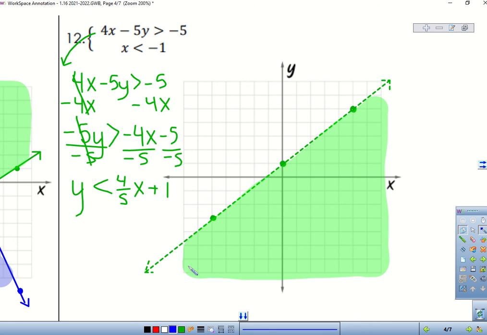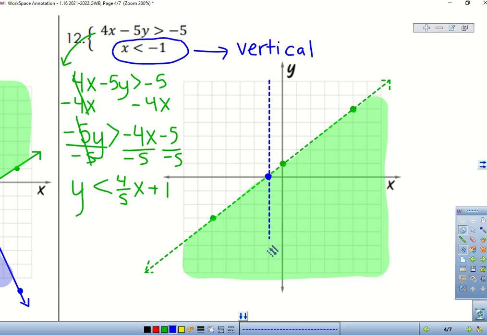And then the other equation you'll notice is a, what kind of line is this? Vertical. So x equals a number or inequality with a number is a vertical line, and it's going to be at the x-axis at -1. And then we're just going to draw a vertical line through that value, like this.